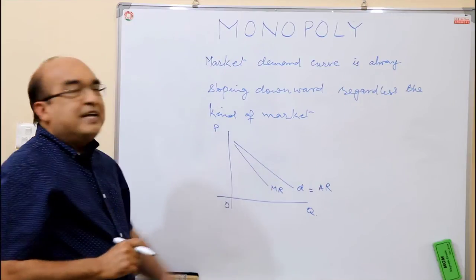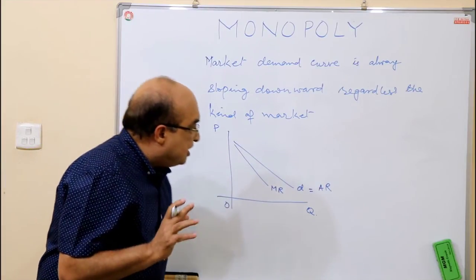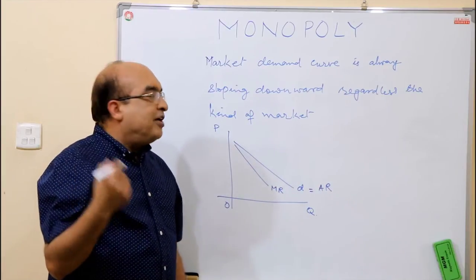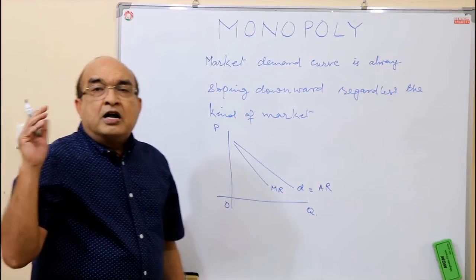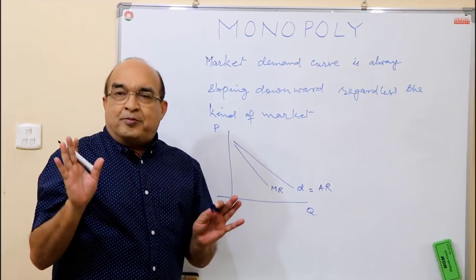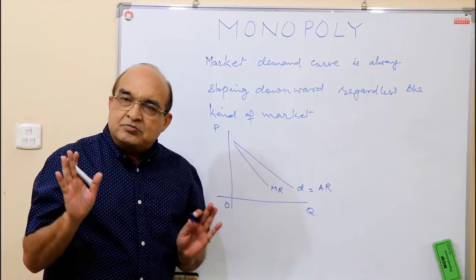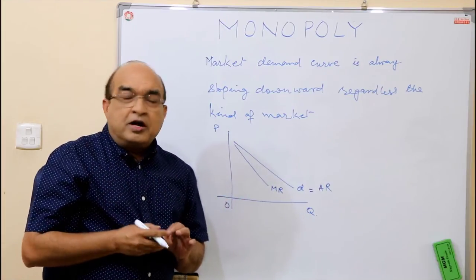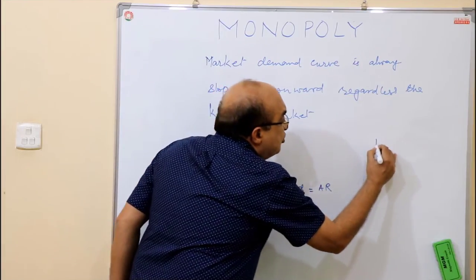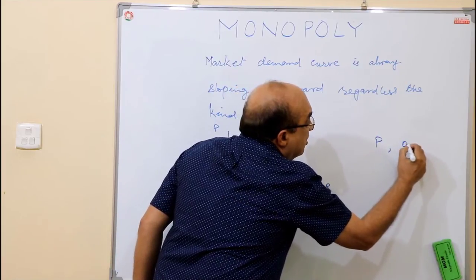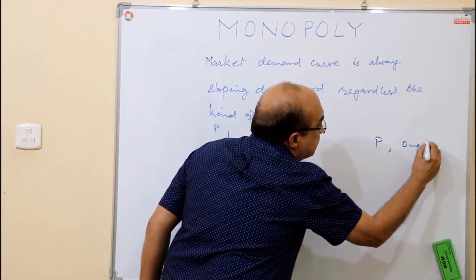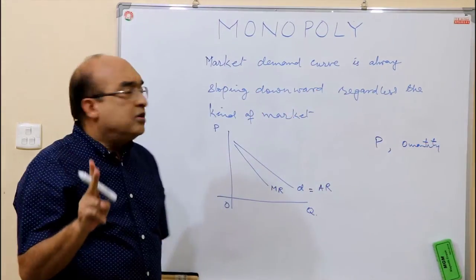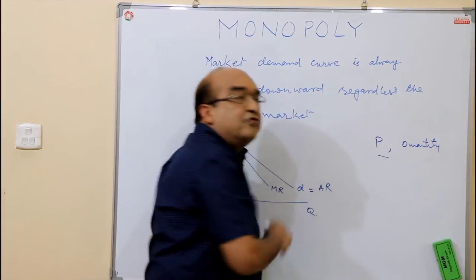Now, one implication of the downward sloping demand curve for a monopoly firm is that although it is the only firm, and it can charge any price or sell any amount of output, when it comes to price and quantity, it has to choose only one of the two.